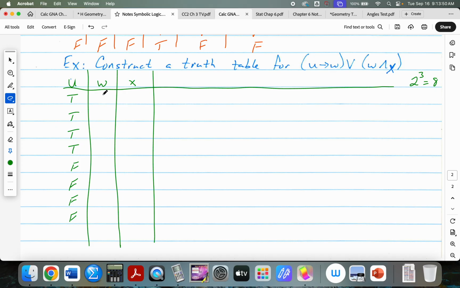And then I'll do half of those, so I'll do 2 trues, 2 falses, and repeat. And then I'll just go true, false, true, false, true, false.